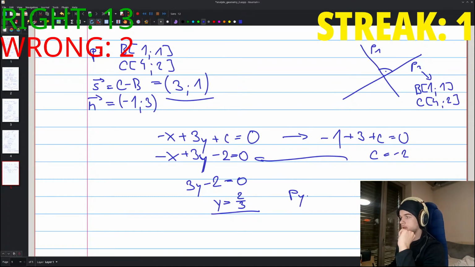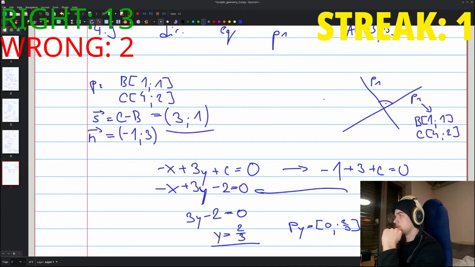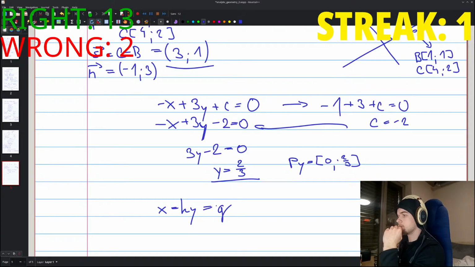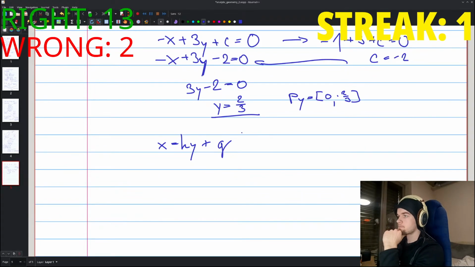So let's make that P_y is (0, 2/3). So we know now where this intersects, and with that we can just pop it into the y equals kx plus q, because this is the q, the 2/3.